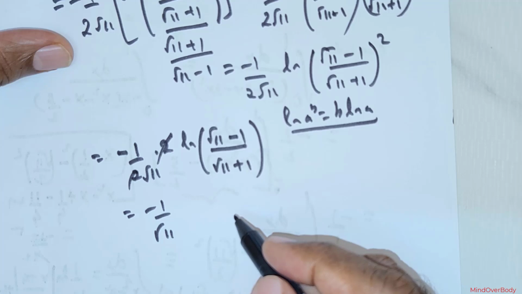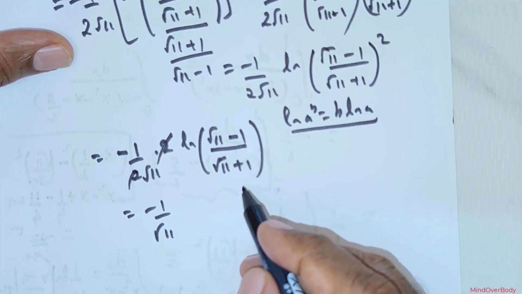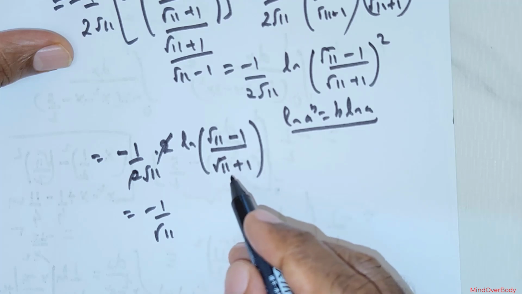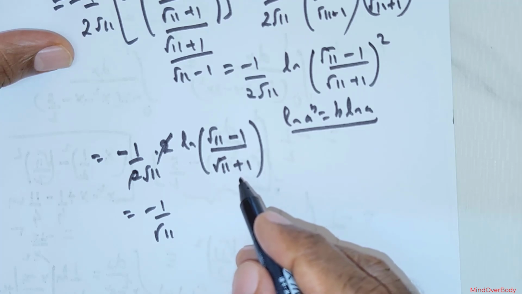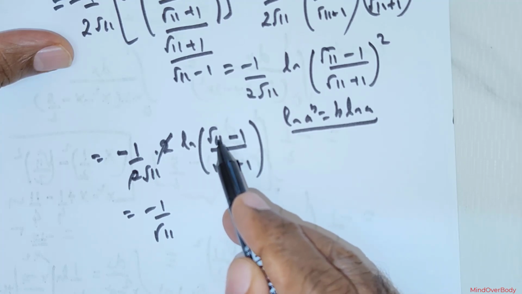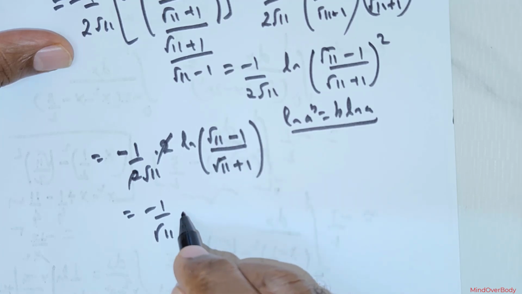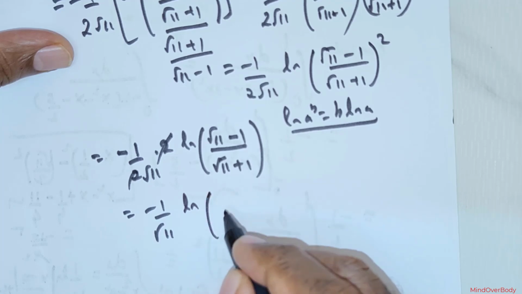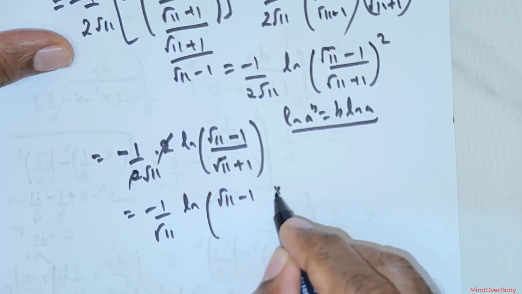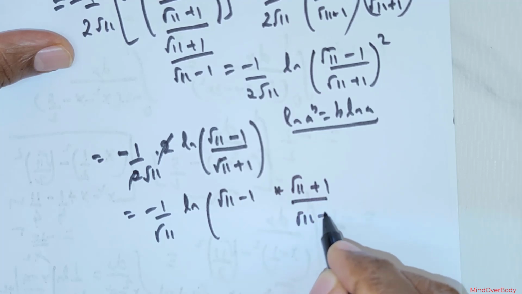Now I would like to multiply, that is going to give me root of 11 negative 1 multiplied with root of 11 positive 1 divided by root of 11 positive 1.